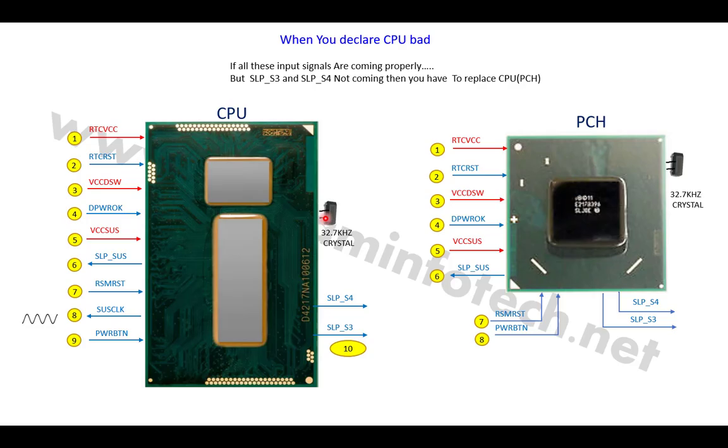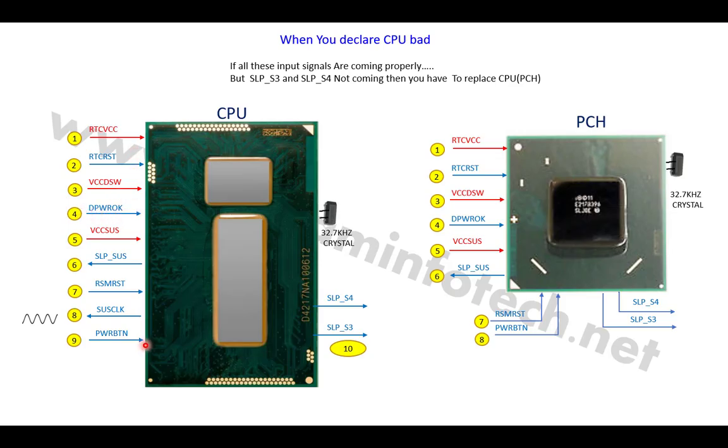Now in this screen we are going to learn what things are required to make the SOC or the PCH work. Here is my SOC or the CPU, and now what signals are required for the CPU or the SOC. First is RTC VCC, and the RTC VCC is 3 volt. RTC reset requires 3 volt. VCC DSW is 3 volt, DPWR okay, these are 3 volt.